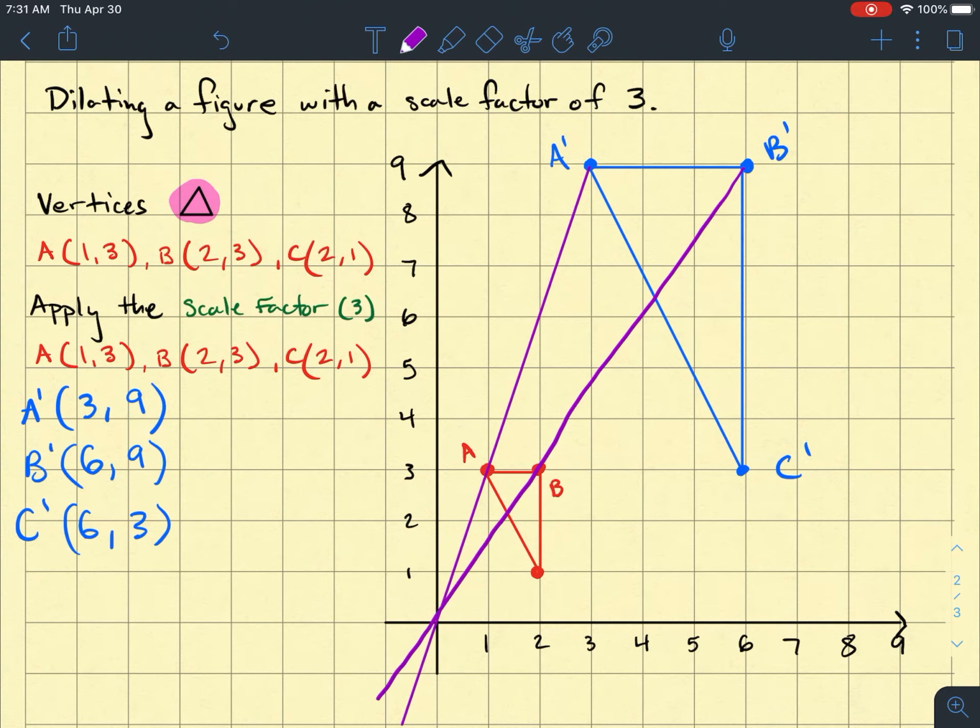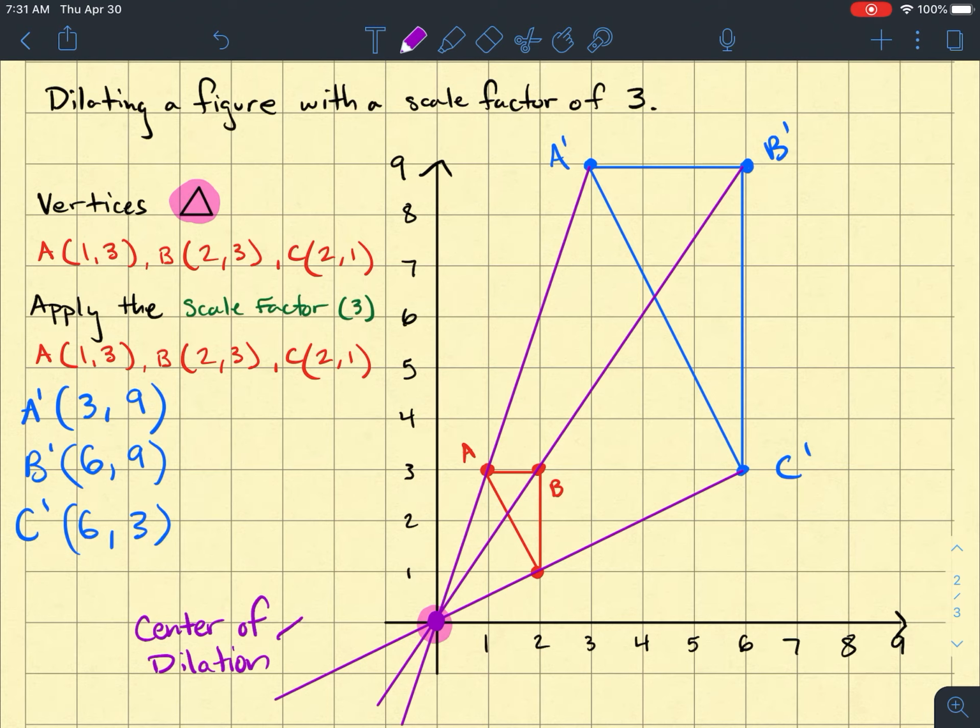Okay, and we're going to do the same thing for B and C. And where do they all intersect? These lines all intersect here, right? At the center of dilation.